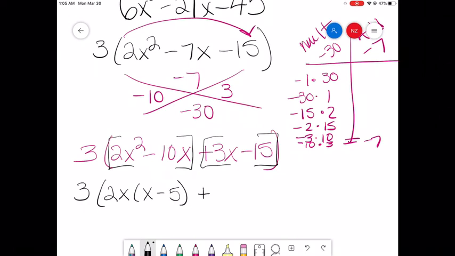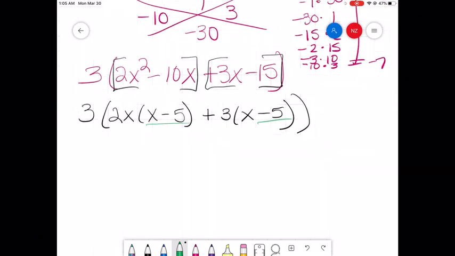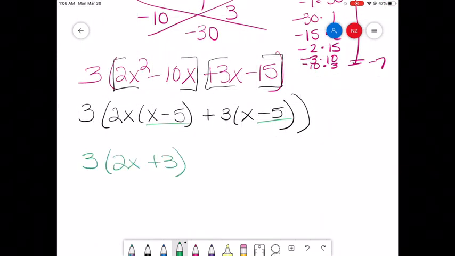Plus, here I can take out a 3. And inside I would have x minus 5. Okay, these match. And I'm left with 3, 2x plus 3, and x minus 5.